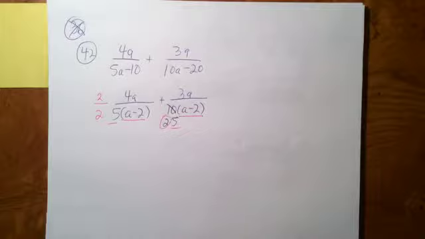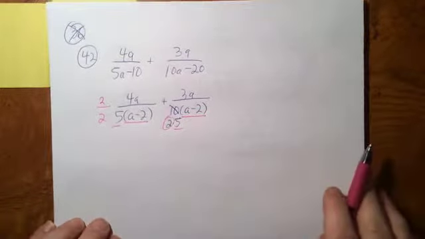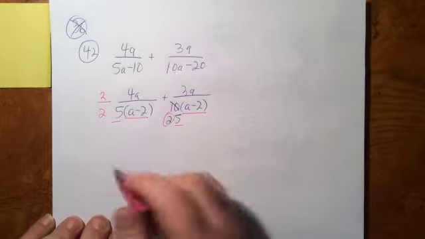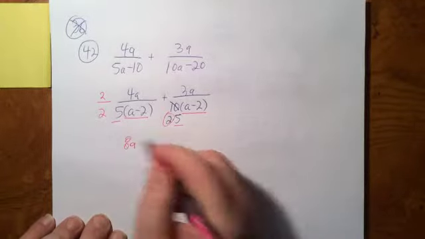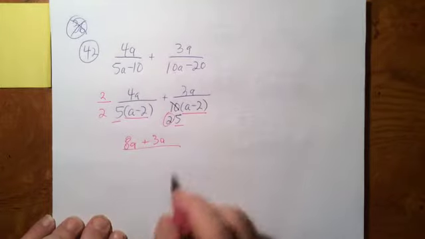So again, here's an example where only one fraction contains an uncommon factor. It's this one. So we're going to multiply the top and bottom of the other one by it to simplify this. What we're going to get here is 2 times 4a, which is 8a, plus 3a.